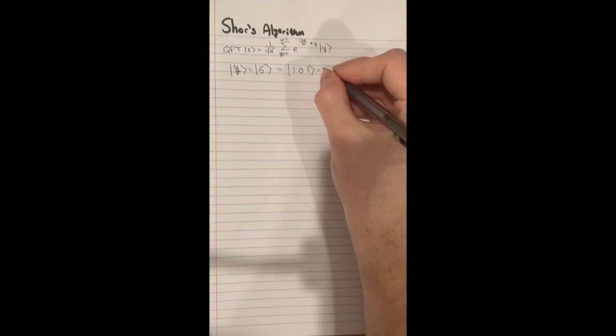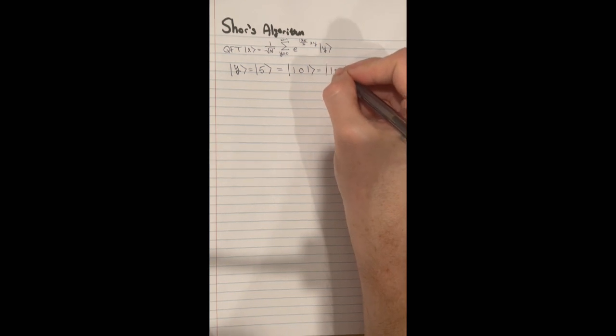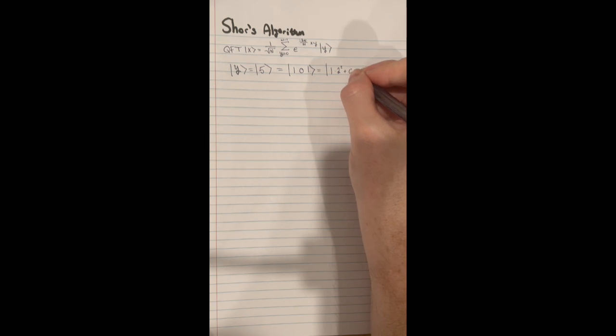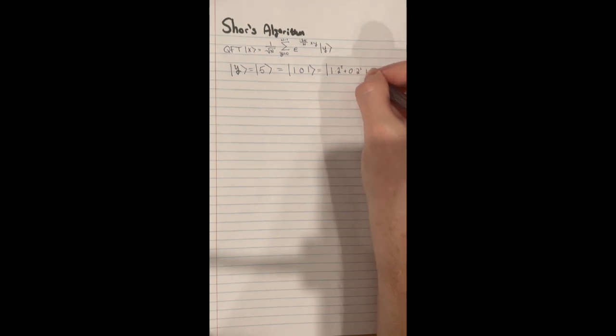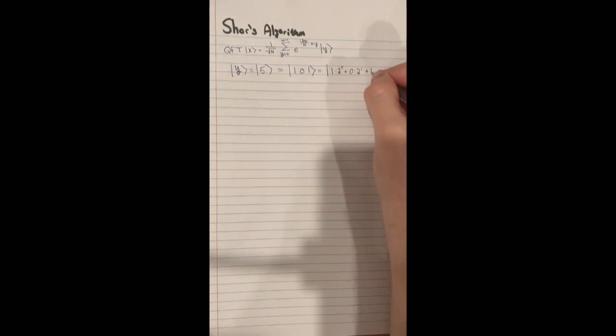Right? Because in binary, this would be 1 times 2 to the 2 plus 0 times 2 to the 1 plus 1 times 2 to the 0, which is 4 plus 0 plus 1 equals the 5 that we're looking for here.